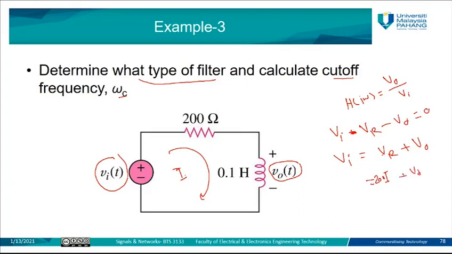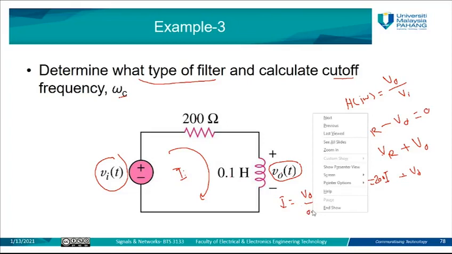Then this current is also the same as the current that goes through the inductor. Since it is the same, I can find the value of the current in terms of V out. The current I will equal V out over LS. LS means 0.1 S or 0.1 J omega.